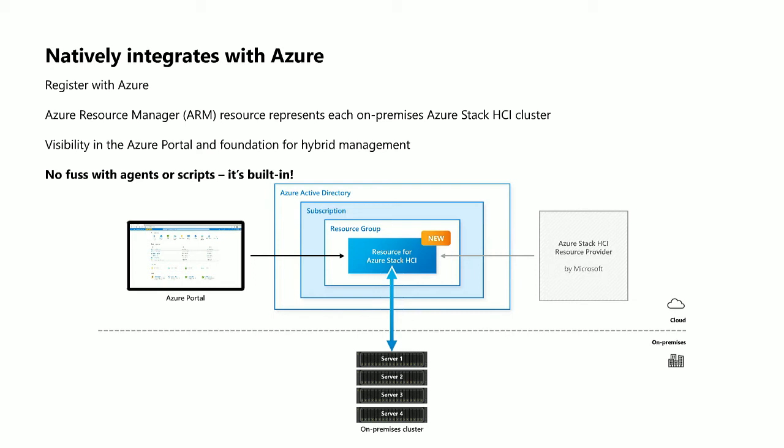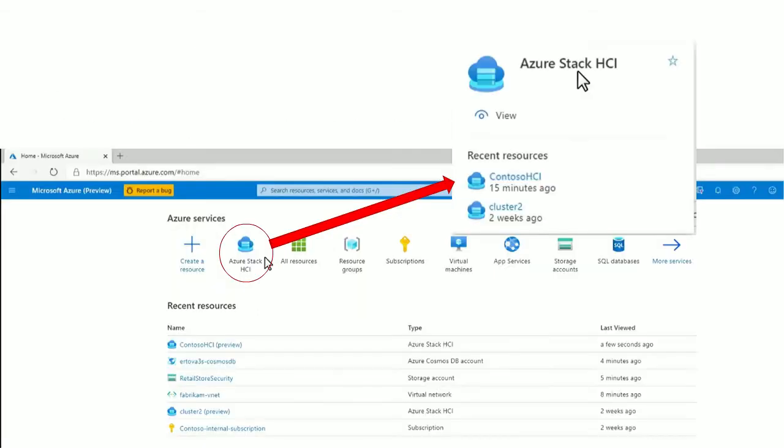You get visibility within the Azure portal for all of your hybrid management. You can run performance monitoring from it. You can apply virtual machines to it. From Azure, apply the templates and install them, add them to your Azure Stack HCI on premises. A lot of stuff that we've worked on for this.